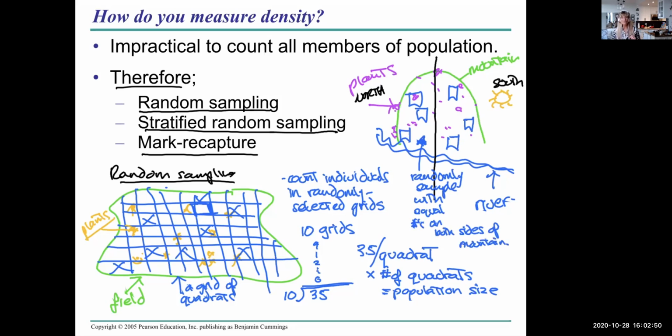And the reason for random sampling is that if you randomly sample the entire mountain, then you could get, just by accident, 2 grids over there and none on the other side. I'm just exaggerating the numbers, of course, and if that were the case, you wouldn't be representing the entire mountain. So that is stratified random sampling.